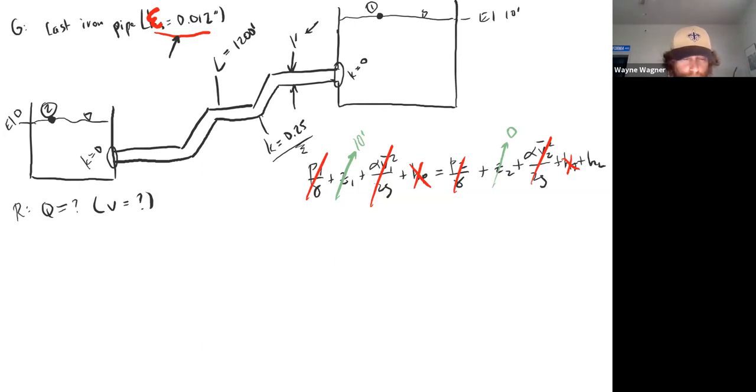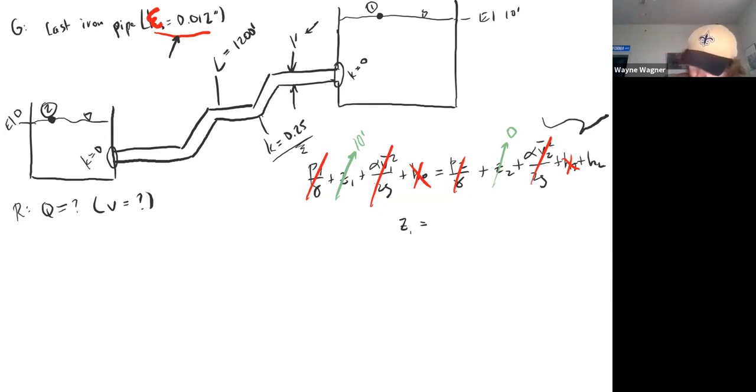So basically we lose 10 feet of energy as we go from 1 to 2. So we're going to say 10 feet, or really Z1, but let's just leave it as Z1. Z1 equals the head loss, and I'll split the head loss out into 2 terms.